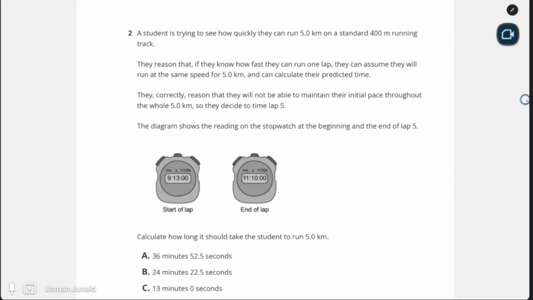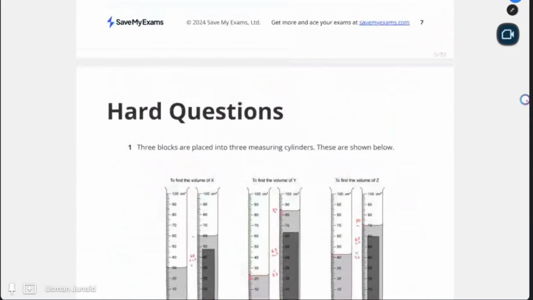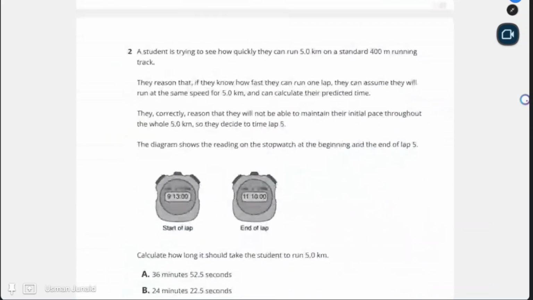I don't understand this question. Okay, so it says hard questions for a reason, right? So 5 kilometers is 5,000 meters, and you have 400 meters as the track, right?